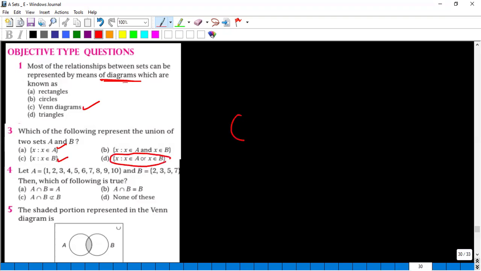Union of sets. I am taking an element. We know that A union B means whatever space we have, the entire space. It may belong to A, it may belong to B. I have A, I have B, and I want to find out which one is true.